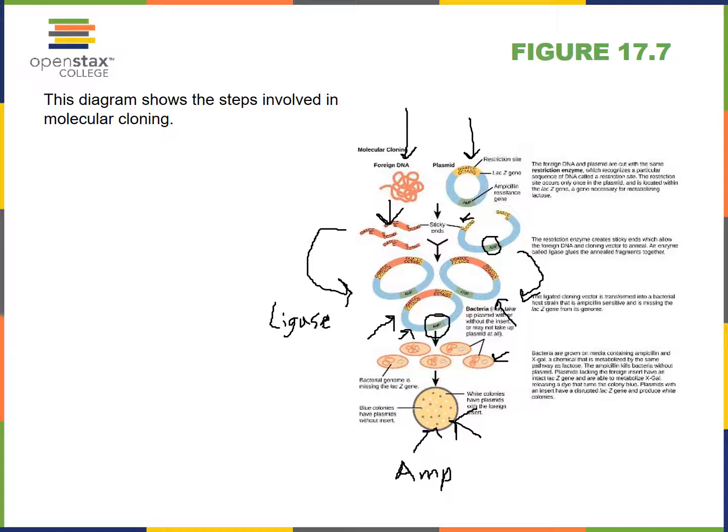The bacteria that do not have the plasmid will die due to the ampicillin. The bacteria that do have the plasmid with the human insulin gene will survive on the plate of ampicillin. So this way we've sort of forced our bacteria to hang on to our plasmid with the human insulin gene on it.